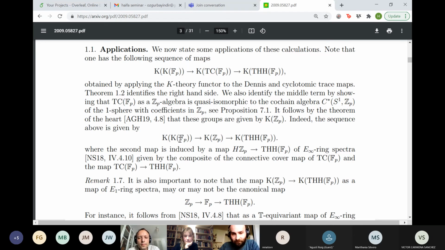So we basically have a complete identification of K-theory of K-theory of FP, to K-theory of TC, to K-theory of THH of FP. And it's interesting that we argue quickly how there might be interesting things going on here. So it's one of the small applications of this.